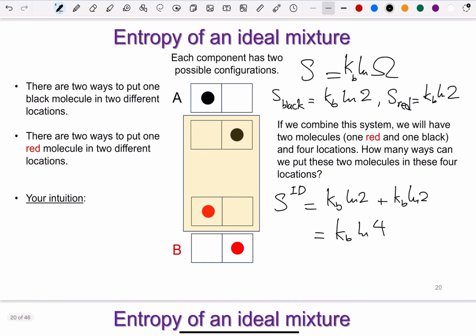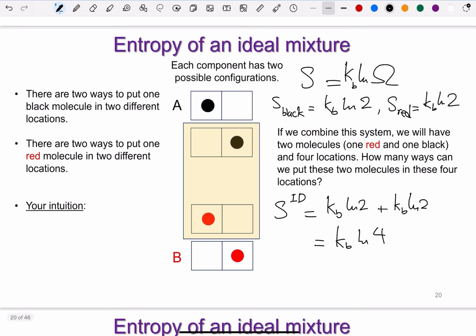And if I calculate the delta S during this process, going from pure to the mixture that I have created, let's call it delta S ideal. So it's going to be Kb ln 4 minus the individual ones, right?